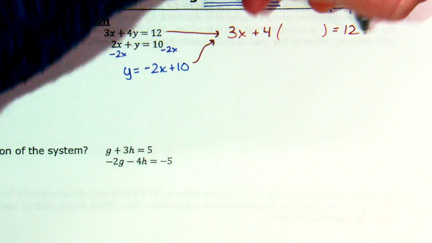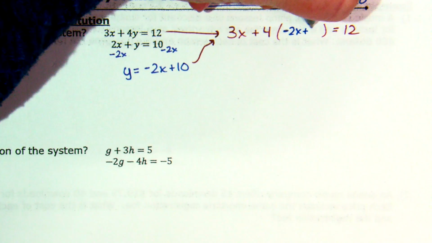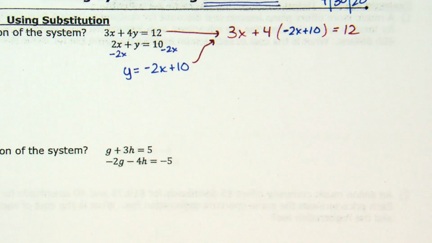So that means in place of that y, what am I putting? Negative 2x plus 10. Does that sound familiar? Yeah. Or if it doesn't sound familiar, okay, does it make sense? Are you okay with what I've done? Because maybe you don't remember this from Algebra 1. Whatever, we're still going to do it.